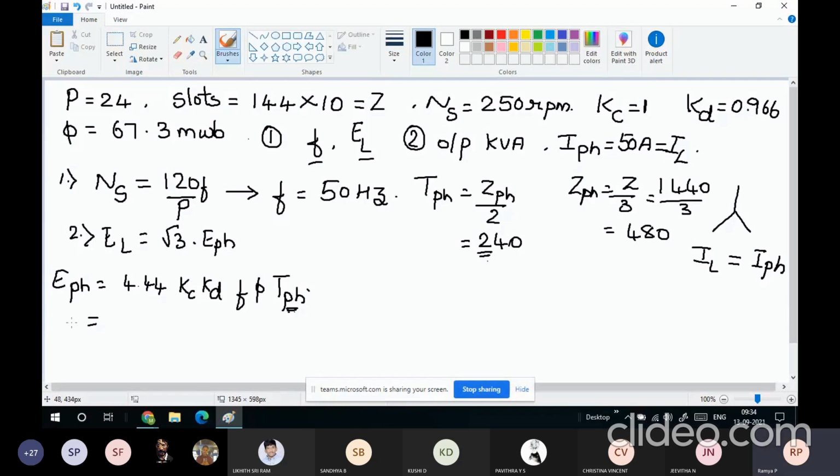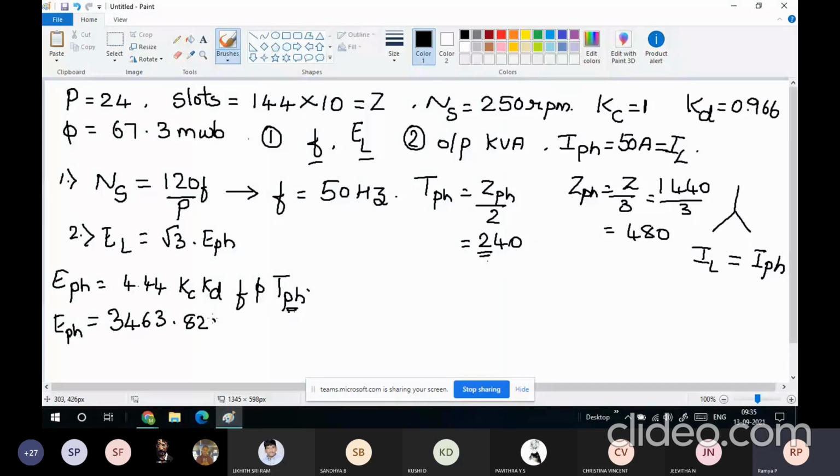Tell me the value for E phase. What is the value for E phase? Are you getting this particular value? That is 3463.82 volts, and you can also write it as 3.463 kilovolts.